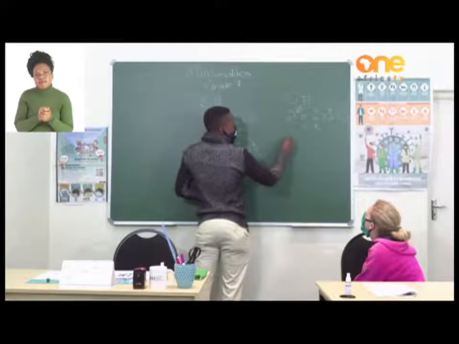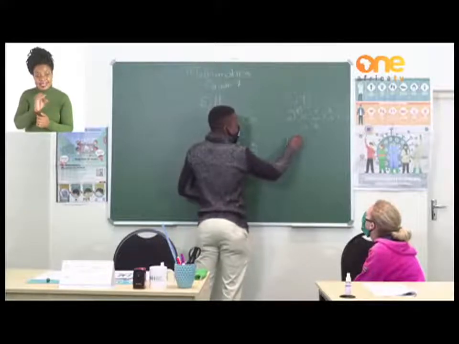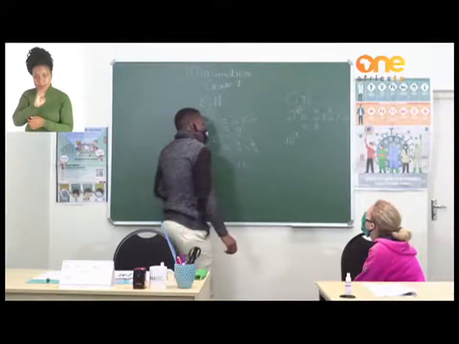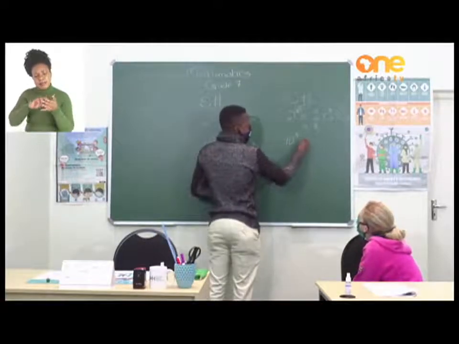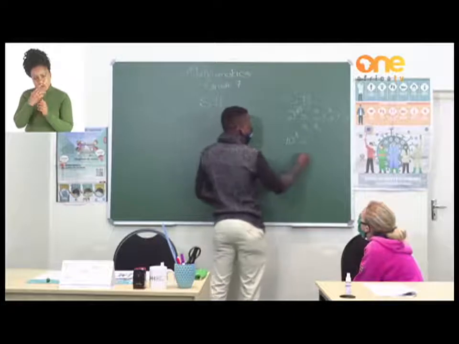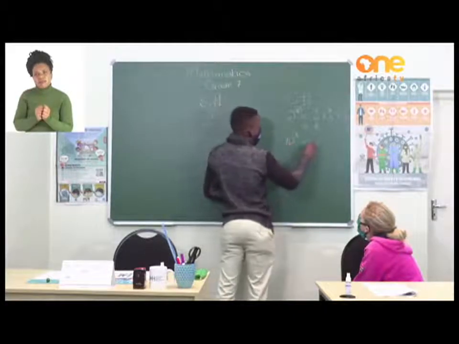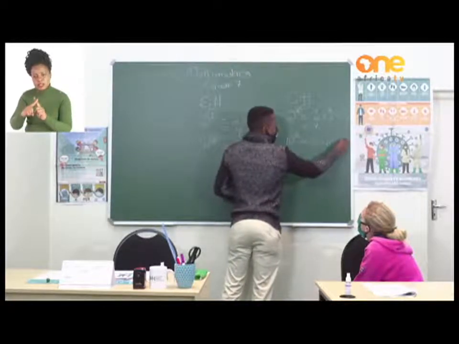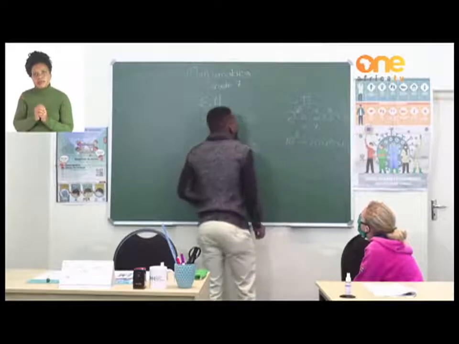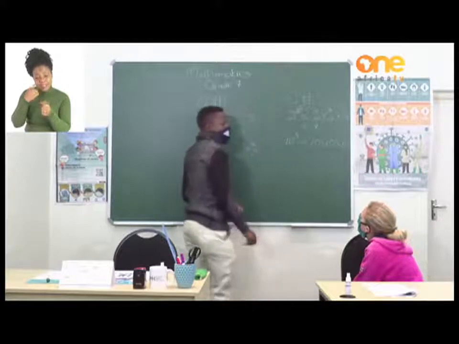We can also use a number, for example, 10. 10 to the power 3. If you look at that number, 10 must appear 3 times. We have 10 times 10 times 10. So remember, this is 3 times that a number has to appear.